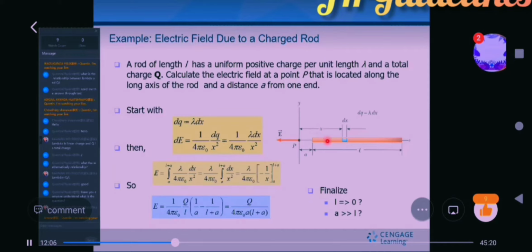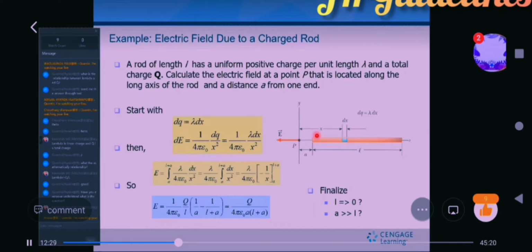I assume that because I randomly pick a portion of the rod, the distance I made is x. Now, because I picked this portion, this is not a point. So there must be a certain length for this portion.